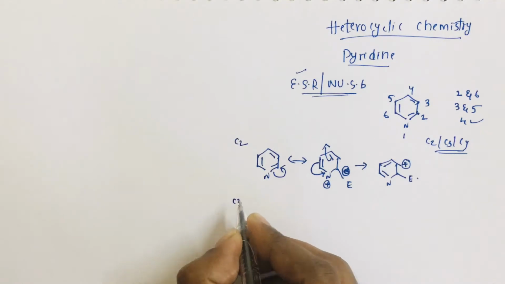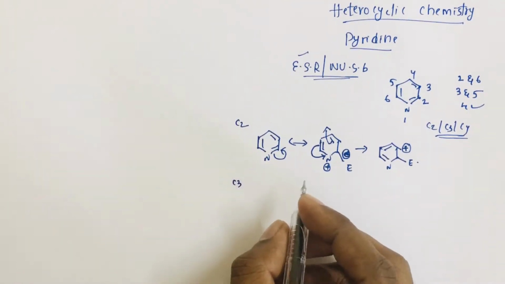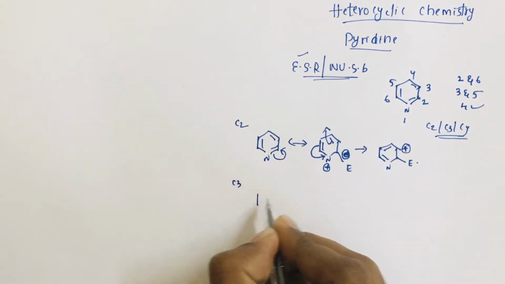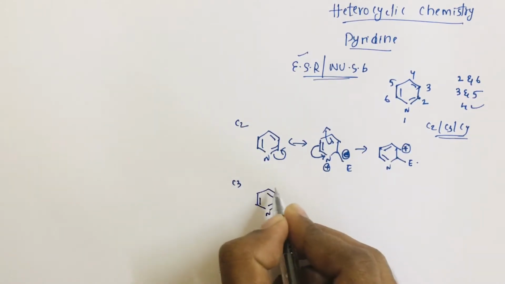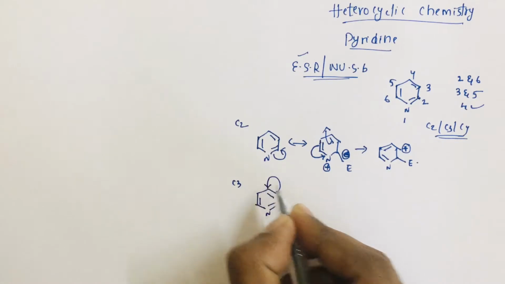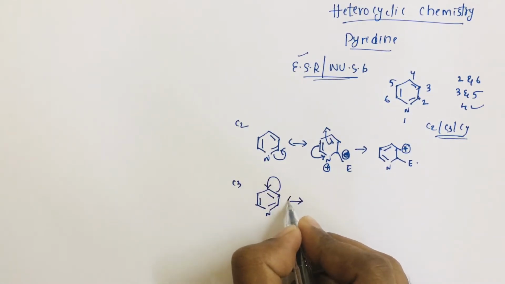Then we'll go for the C4 position. At the C4 position, the bond has to come this way. So this is C4.